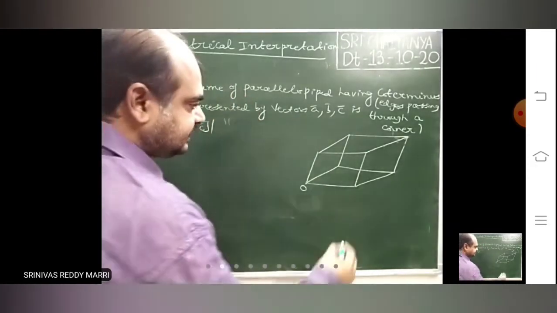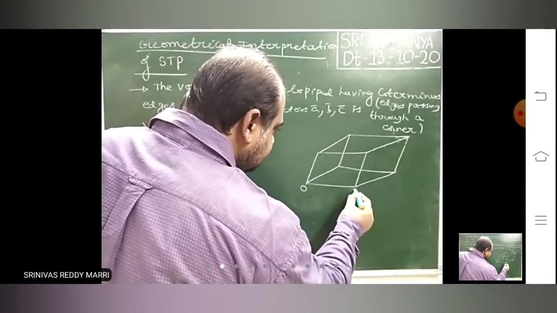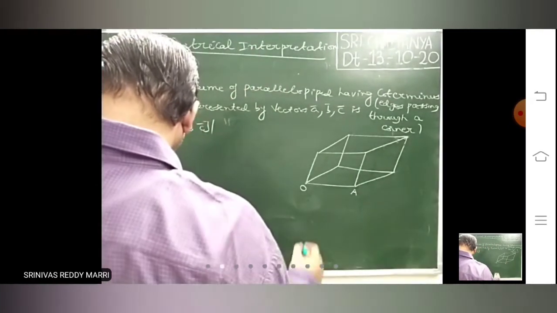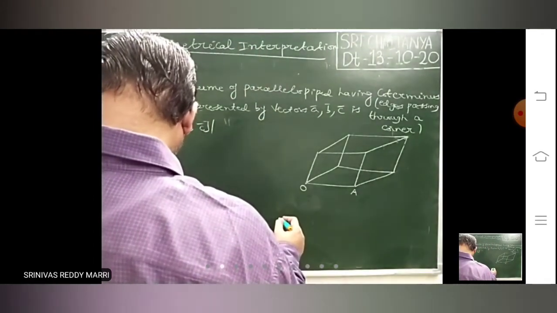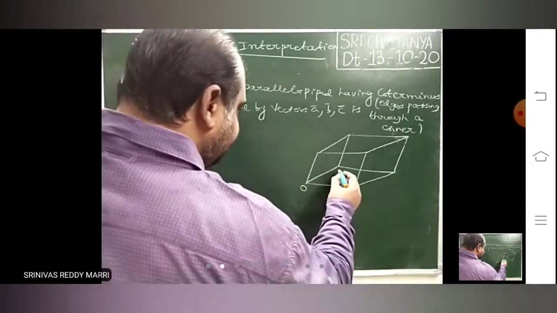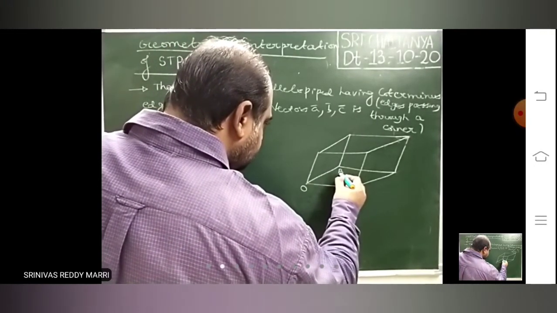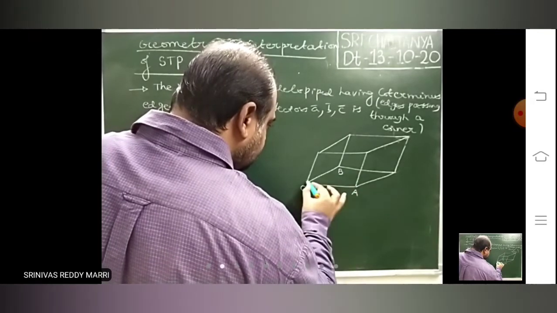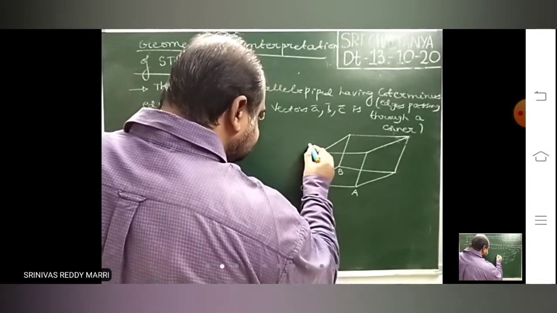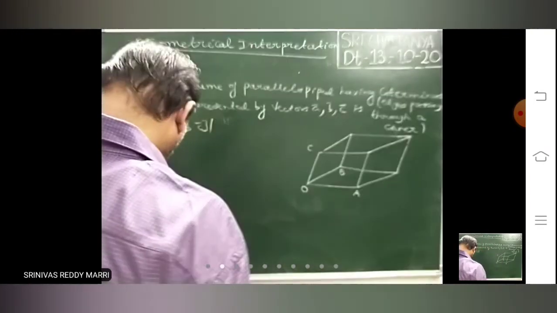This is O. Let us say this is A. I am naming them: OA, OB, OC. That's all.